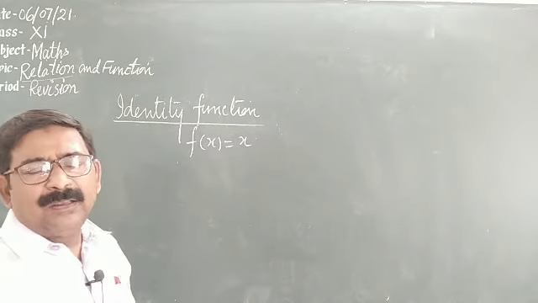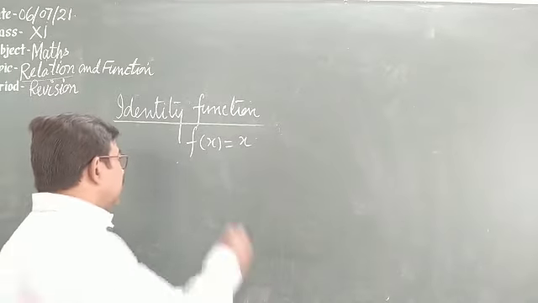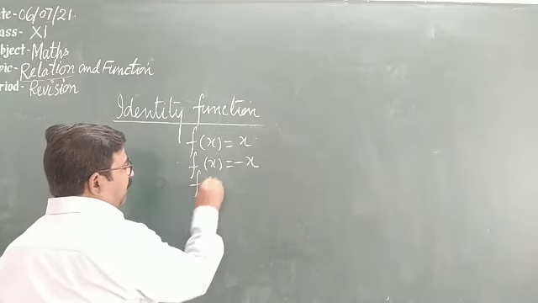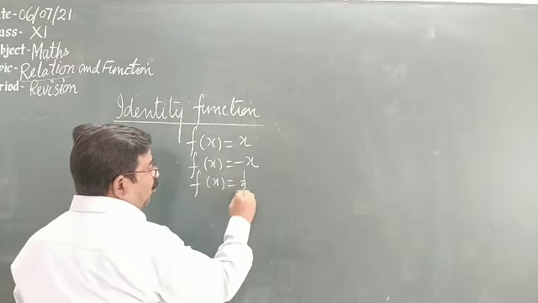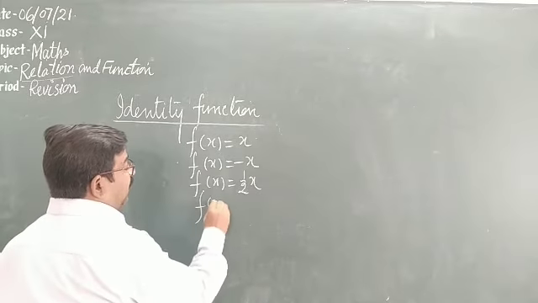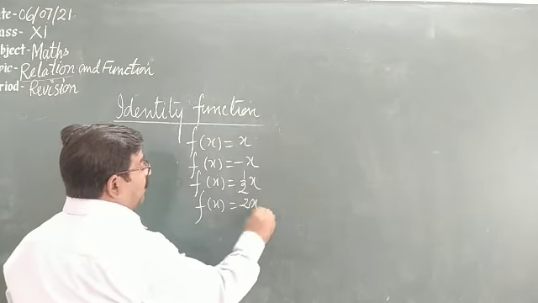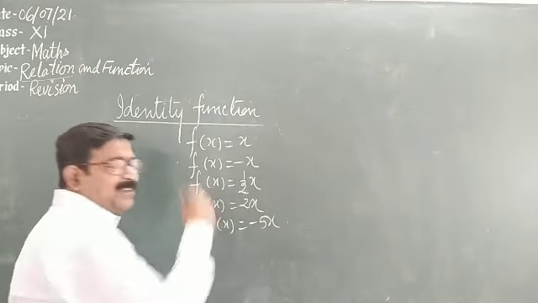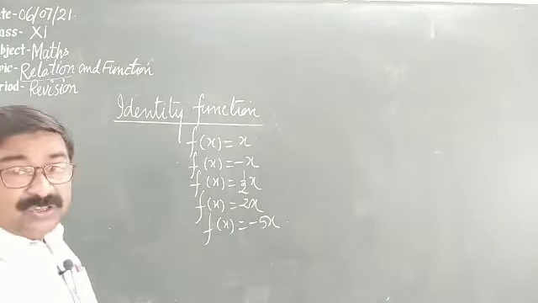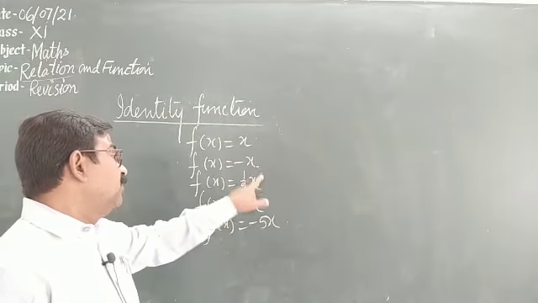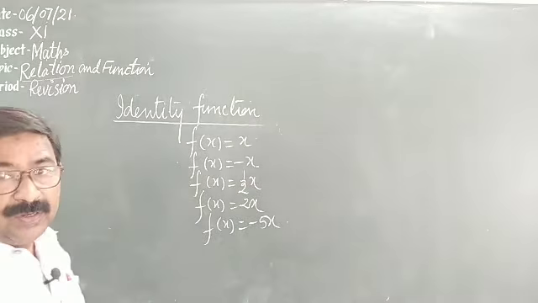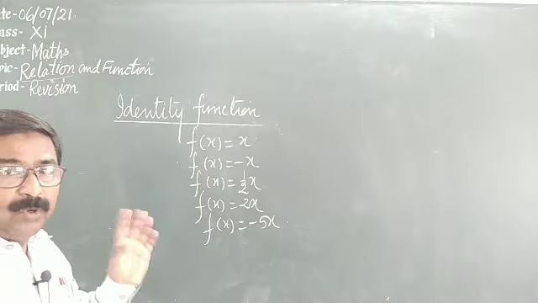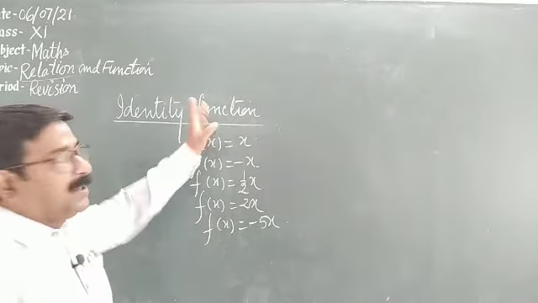It may have some coefficient with it, like f(x) = -x, or f(x) = (1/2)x, or f(x) = 2x, or f(x) = -5x. Whatever it is, it doesn't matter. The degree of the variable is always 1 with some coefficients. It is a single monomial. So this is an identity function.